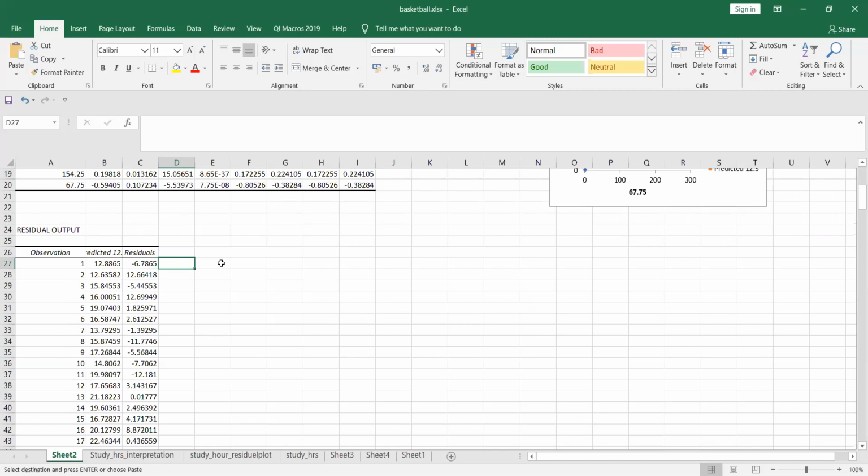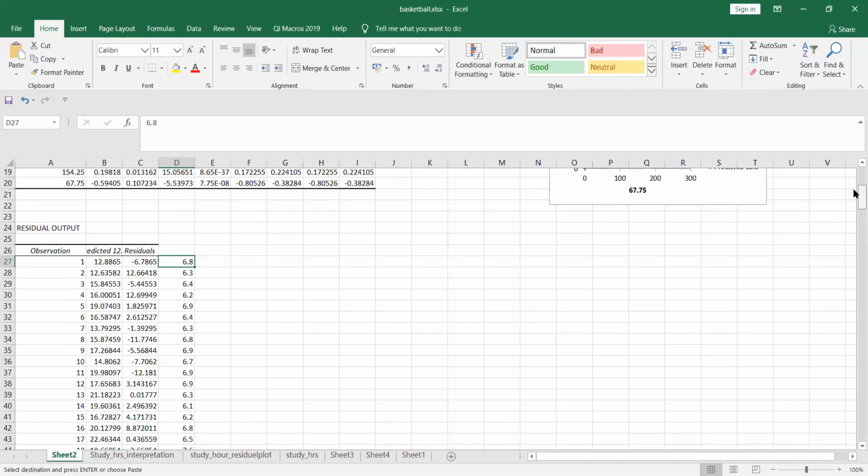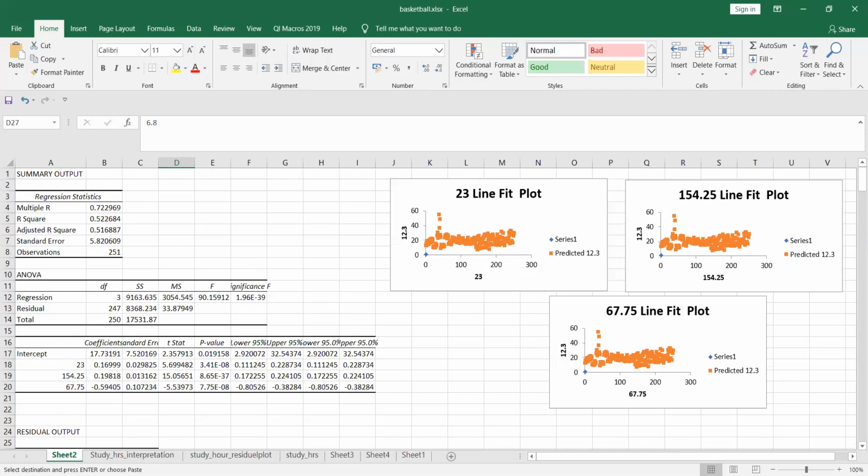This way you can plot a graph of this versus this, and then find the residual error representation.